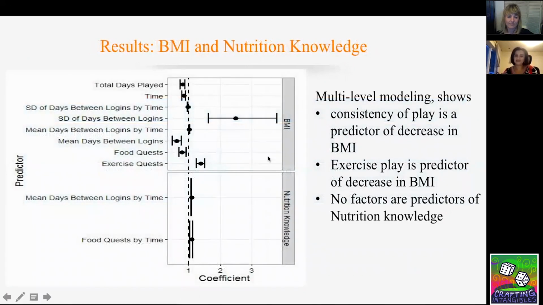And we wanted to see if this is correlated with the actual exercise that they do in the game, or the nutrition sparks that they do in the game. And as it turns out, it is consistent. People who did things in the game were the ones who had a lot more probability of losing BMI and actually gaining nutrition knowledge.